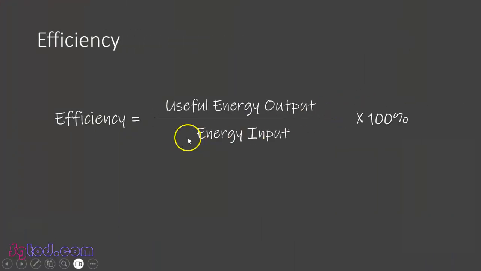Hence, if we measure the amount of energy we first exerted, or we call the energy input, versus the work done or useful energy output, we can calculate the efficiency of a system.